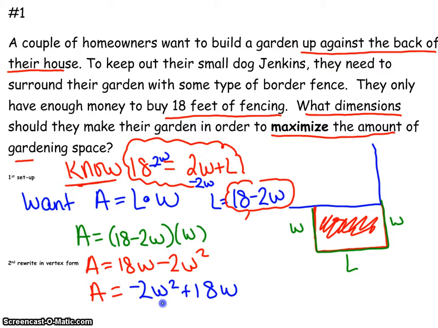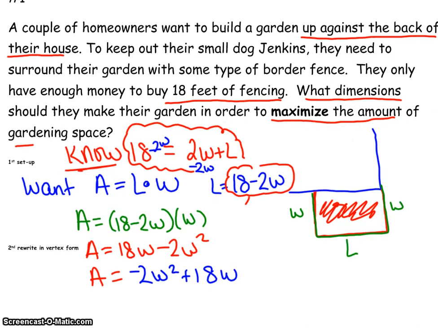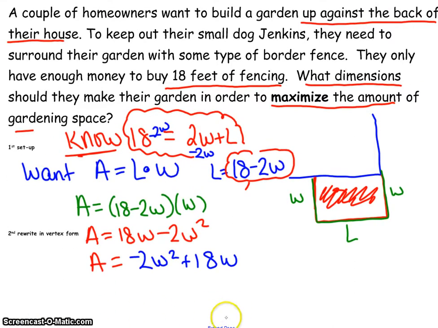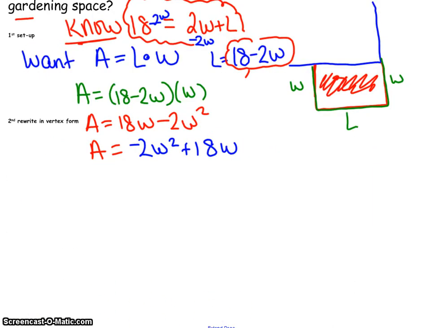Now we have an equation for area in terms of the width. Let's not forget our goal here is to maximize the area. You've heard that word before, maximize or maximum. Where have you heard that before? When we talked about parabolas, we talked about the maximum of the parabola.